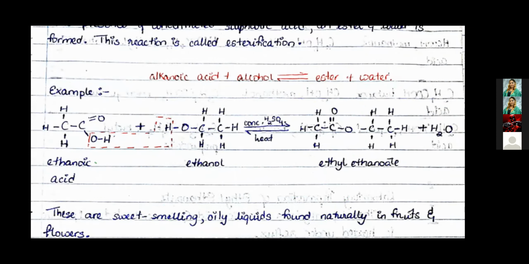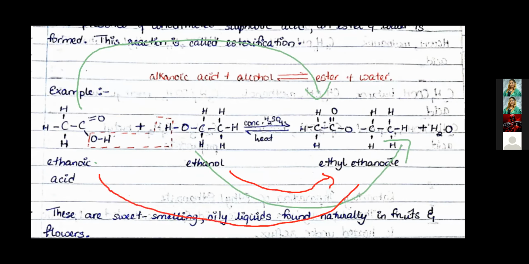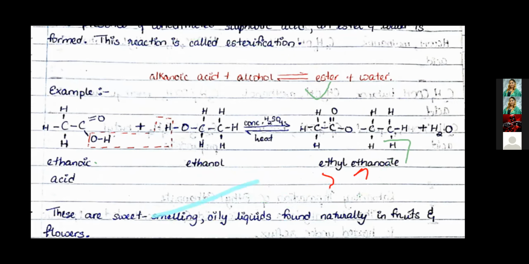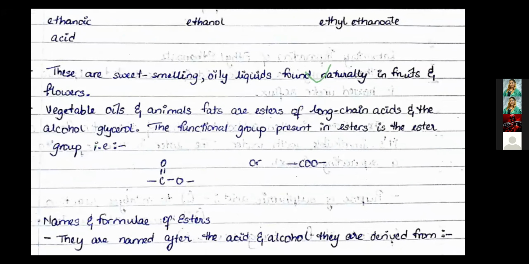When writing the formula or drawing the formula of an ester, the acid takes the first part of the formula, and the alcohol takes the second part of the formula. When you are naming them, the alcohol takes the first part of the name, and that's how we end up with ethyl, and the acid takes the second part of the name. Anybody has any questions on that so far?